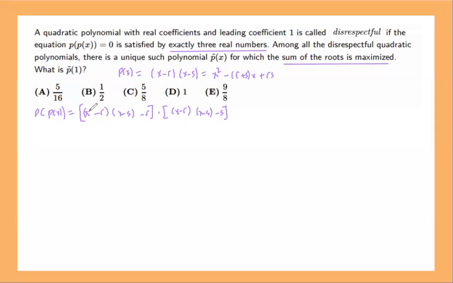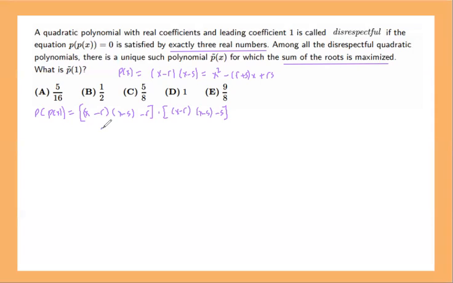We have a quadratic right here and a quadratic right here. If you have 3 real solutions, since a quadratic has at most 2 real solutions, one of these factors should have 2 real solutions and the other should have 1 real solution.